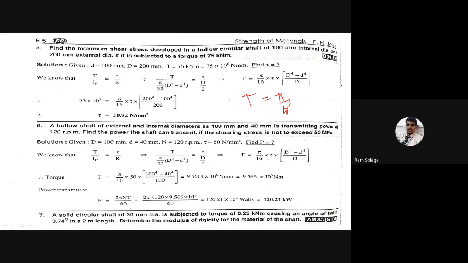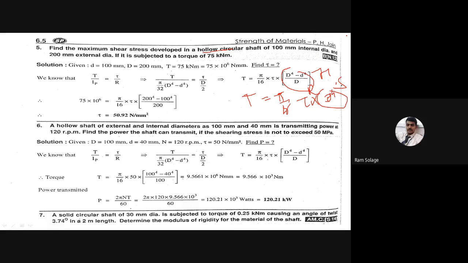Tau is also the same. For solid shaft we use d raised to 4, only one diameter. For hollow shaft, that d raised to 4 is replaced by two diameters: D raised to 4 minus small d raised to 4, divided by D. This is for hollow shaft, and this is for solid shaft. This is the difference between the hollow shaft and solid shaft.